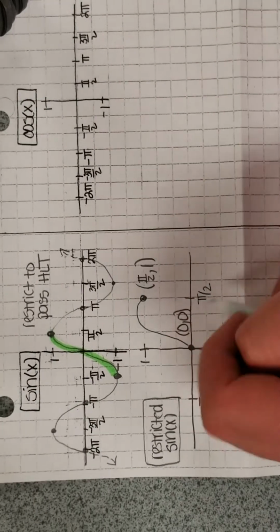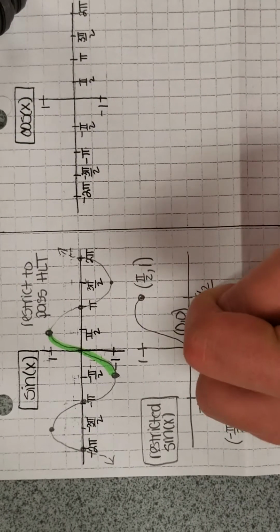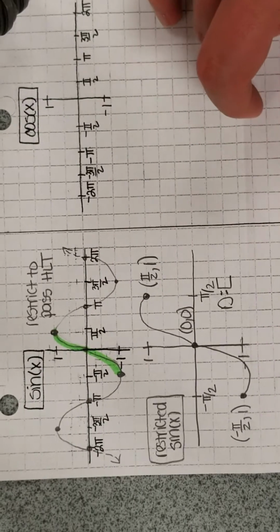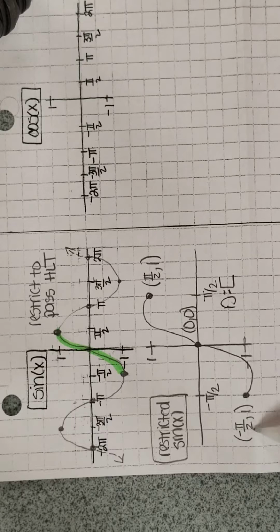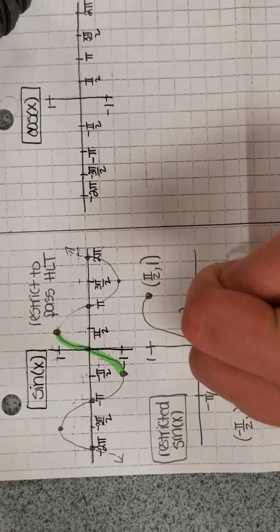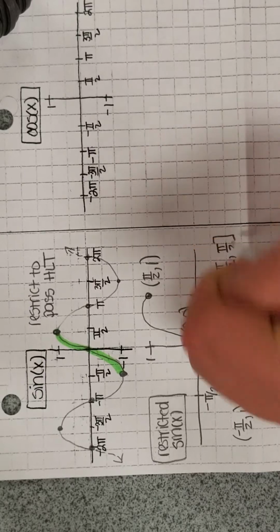Let's talk domain and range. So the domain of this restricted graph, if I look at my x values here, it's -pi/2 to pi/2 with brackets.